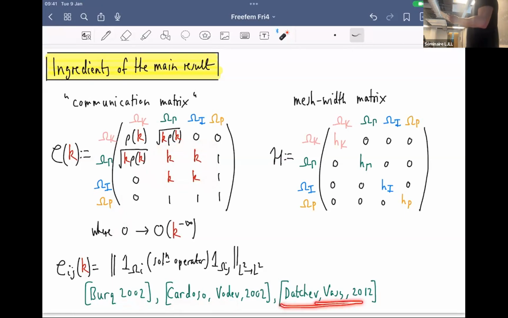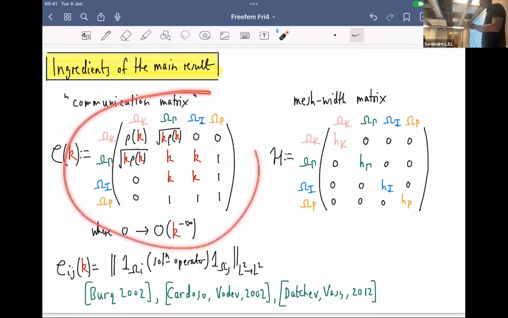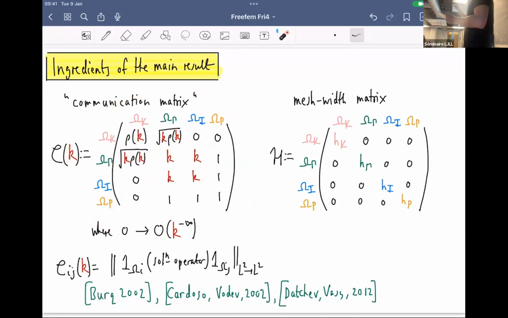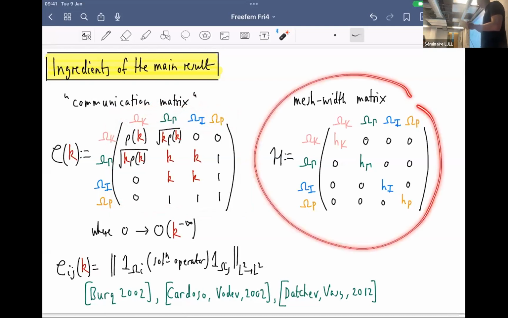And Datchev and Vasy then proved these results about when one of these locations is away from the trapping. This is where semi-classical analysis, this PDE theory of the Helmholtz equation, is coming in. It's informing our choice of these different regions, and it's telling us how this solution operator behaves in these different regions.